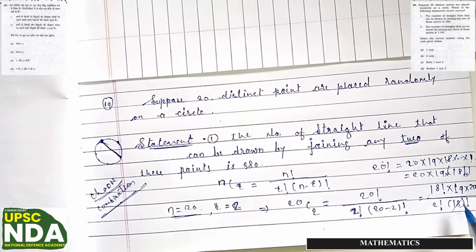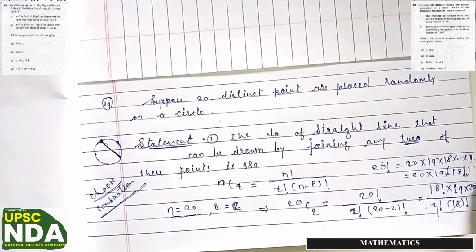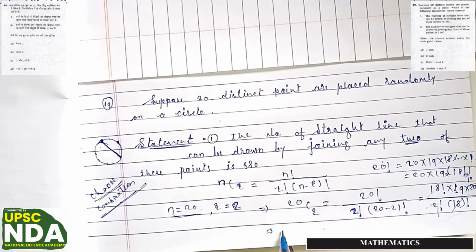It is quite difficult to find the multiplication up to 20 factorial, so always try to cancel the terms. So 18 factorial gets cancelled. 2 factorial means 1 into 2, so only 2 remains. 2 ones are 2, 2 tens are 20. So we are left with 19 multiplied by 10, which gives us the answer 190.